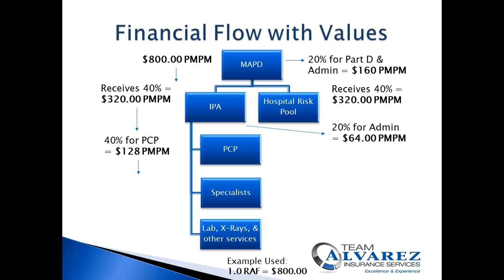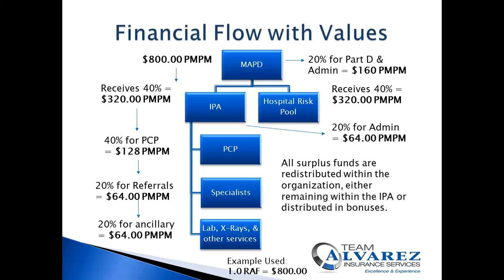And then you're allocating about 20% of those funds for referrals to the various specialties, which again in this example is about $64 per member per month. And then you're allocating an additional 20% for ancillary services such as lab, x-rays, MRIs, CAT scans, and so forth. Again, another roughly $64 per member per month.